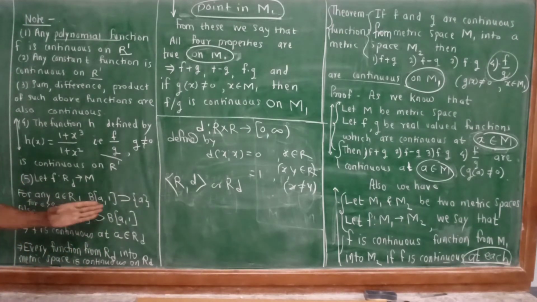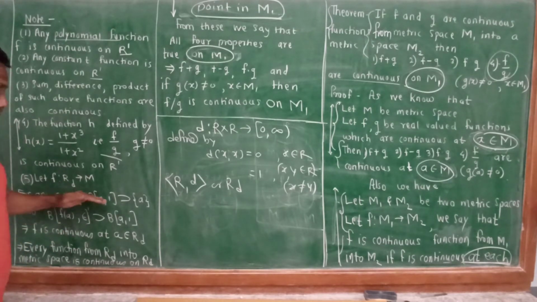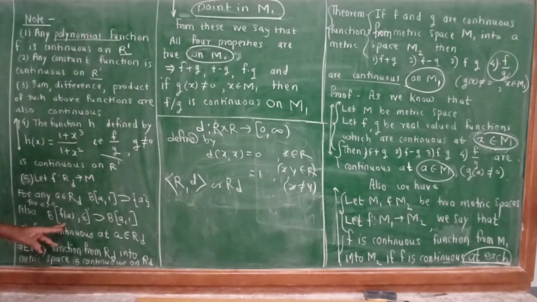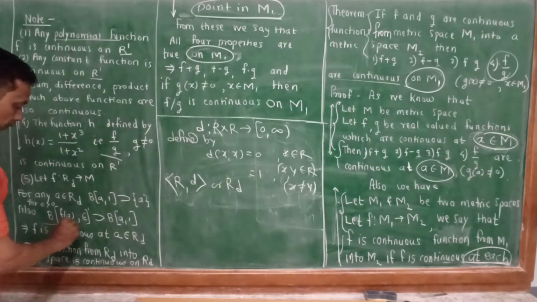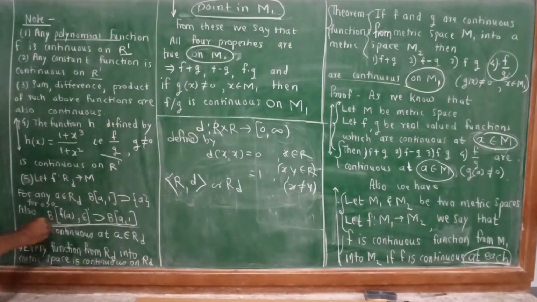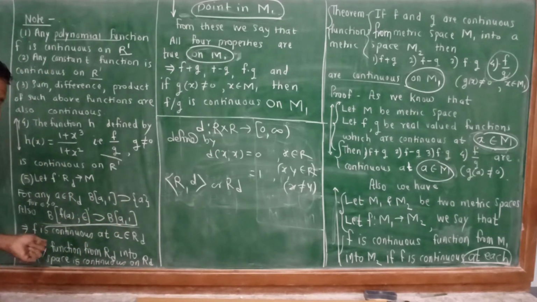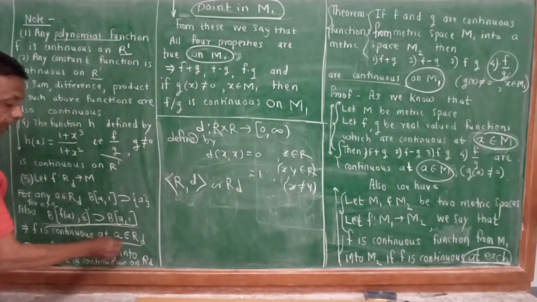Therefore, we can write it. And further, for epsilon greater than 0, from this we say that the open ball of epsilon about f of a in the codomain contains f of B of a, 1. In the last lecture we have seen that this statement is the definition of a continuous function, and hence the function is continuous at a belongs to RD.